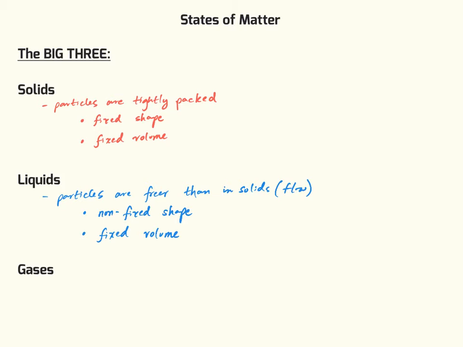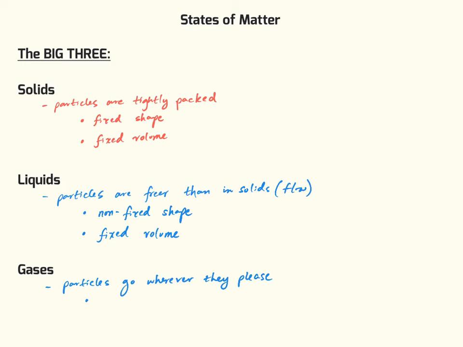Now, last but not least, we have gases. And gases is where those particles start to get real crazy. Particles go wherever they please. Gas particles are going all over the place all the time. There's a lot of energy there. They can do whatever they want.